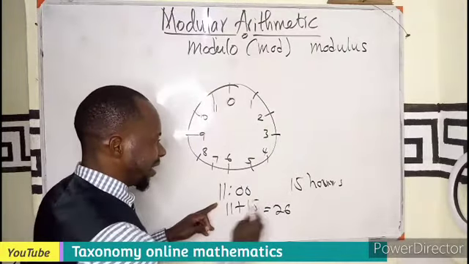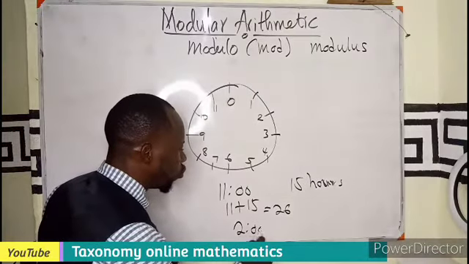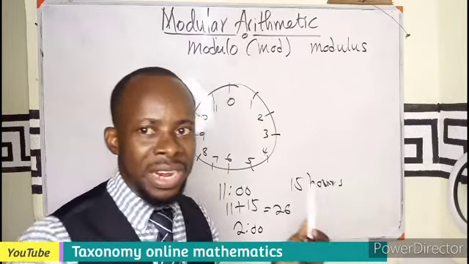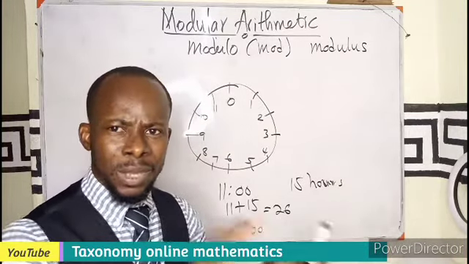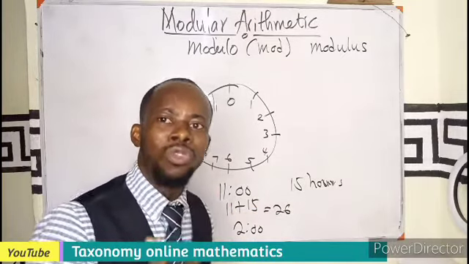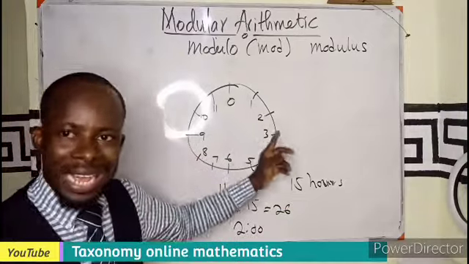So it means that in 15 hours' time, the time is going to be 2 o'clock, regardless of the nature of the day, whether it's day or night. Do you get my concept? The concept under modulo is to roll over. When you start, you come back, you begin again.